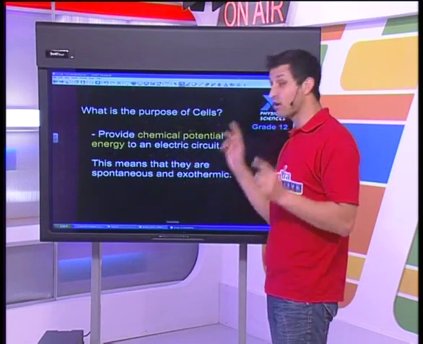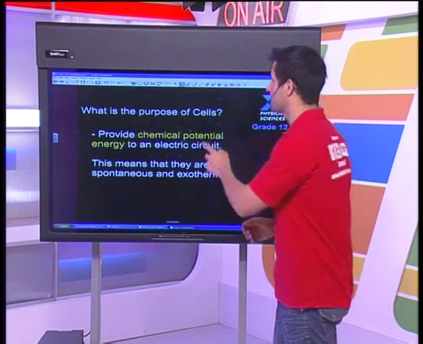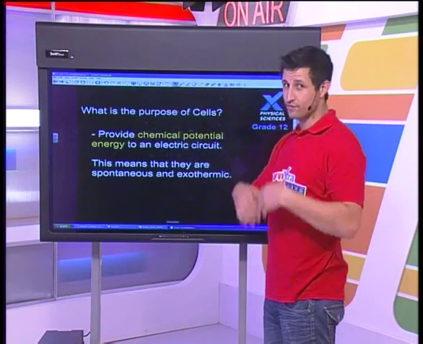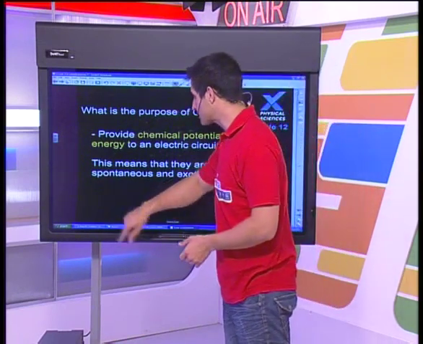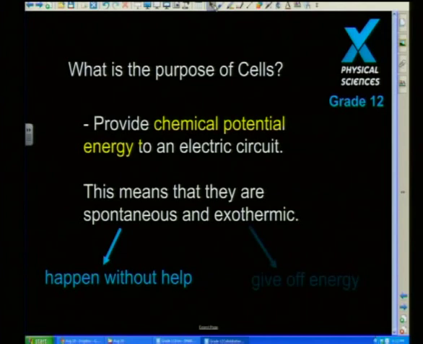Now, this means that they are spontaneous. Please, I need to emphasize what these words actually mean. If you are a spontaneous person, that means that it happens without any sort of help. That's going to happen automatically. Now, exothermic, if you guys remember from grade 11. Thermic talks about temperature, about energy. Now, exo means to give out. So that's the other part of this, that it gives off energy.